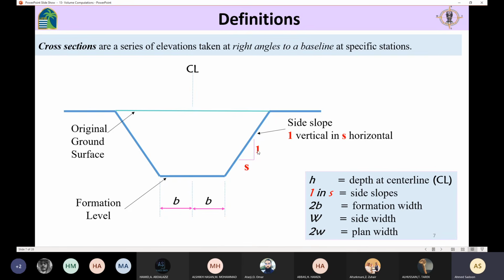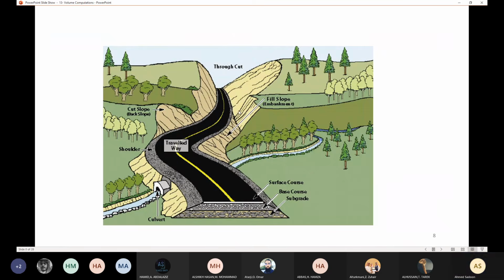It means that every one unit in the vertical direction corresponds to S units in the horizontal side. So here we have the height of the cross section. 2W here represents the plan width, and 1W represents the side width.